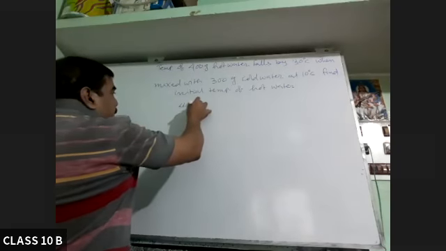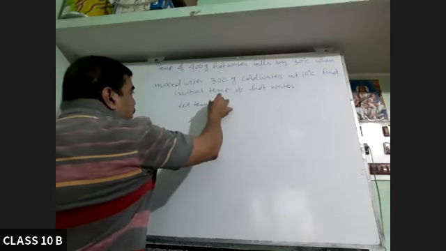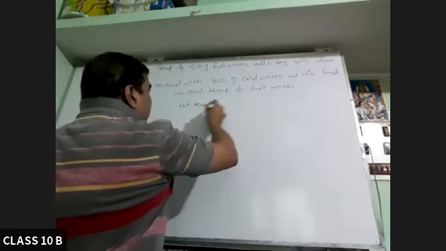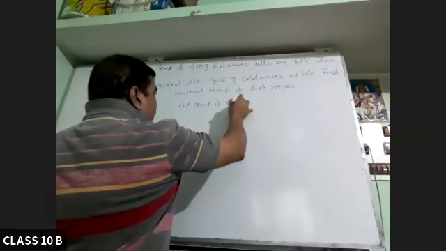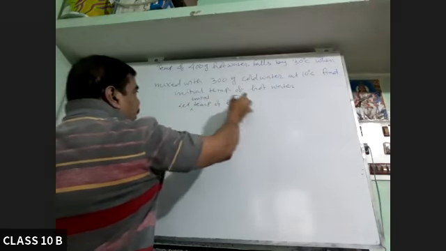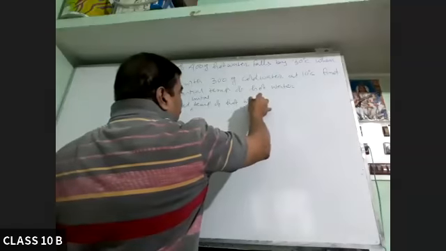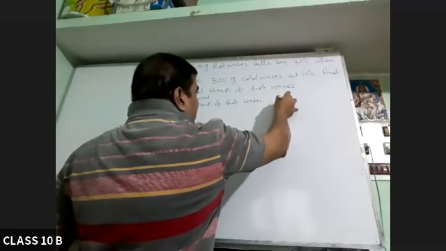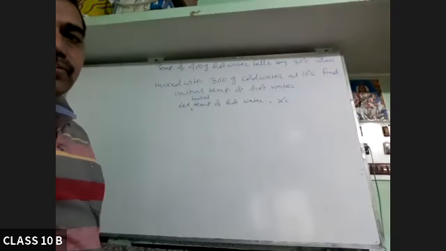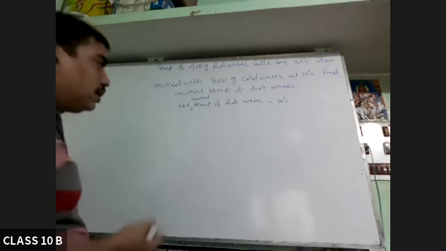So suppose the temperature of hot water or mixture, whatever you may assume, the statement will change accordingly. Suppose the initial temperature of hot water is x degrees Celsius. Then heat lost by hot water will be equal to heat gained by cold water.